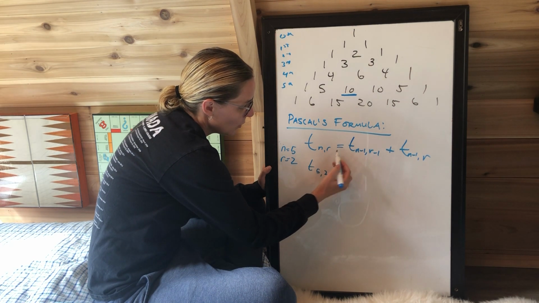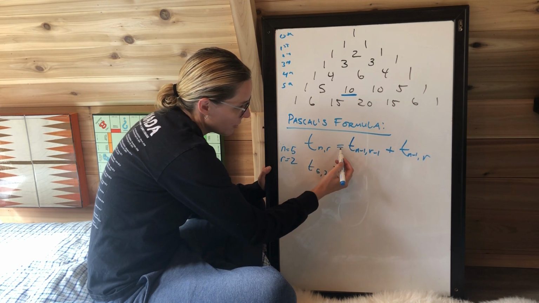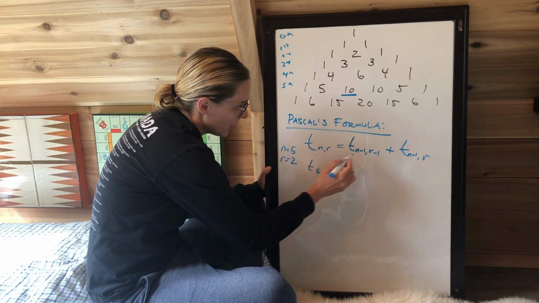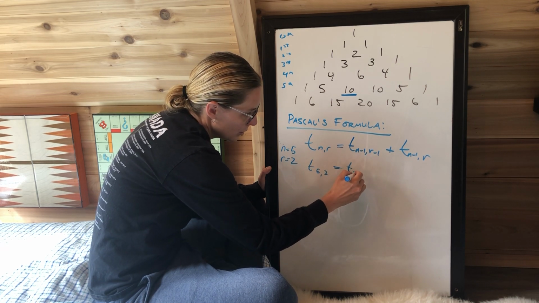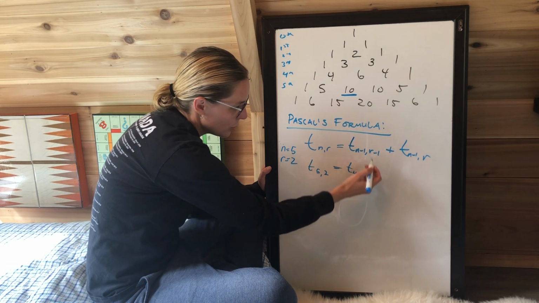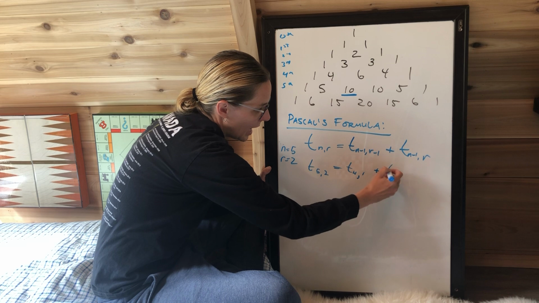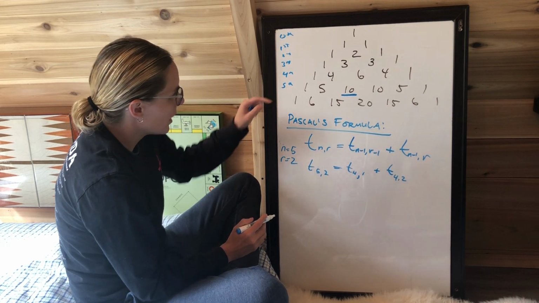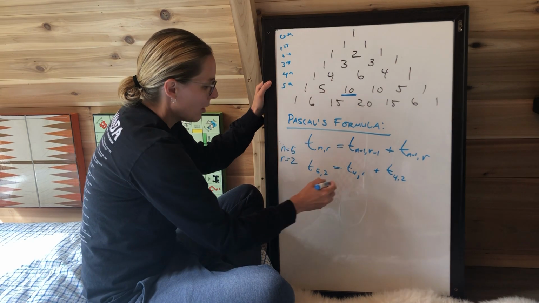Well, in order for me to figure out what that is, I have to go to the row above it, n minus 1. So n is 5, 5 minus 1 is 4. r minus 1, r is 2, 2 minus 1 is 1. And add that to 4, 2. So then I look and I say, well, where are those terms?